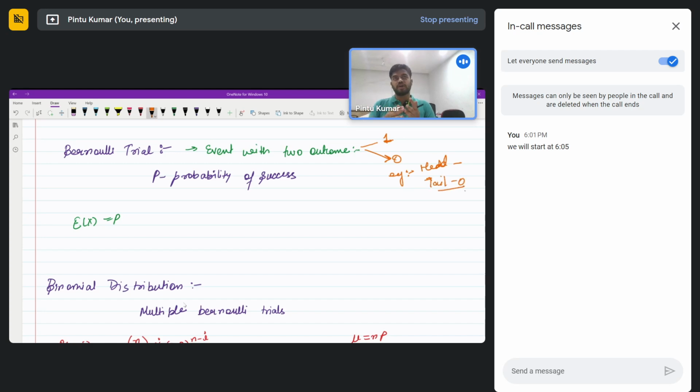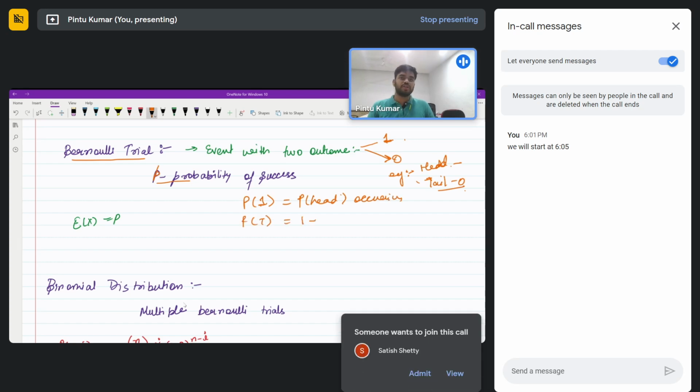One toss of a coin is known as a Bernoulli's trial, where p denotes the probability of success. Probability of success means the probability of 1 occurring. In this example, if you assign head to be 1, the probability of 1 means the probability of head occurring. So what is the probability of tail? It would be 1 minus p.